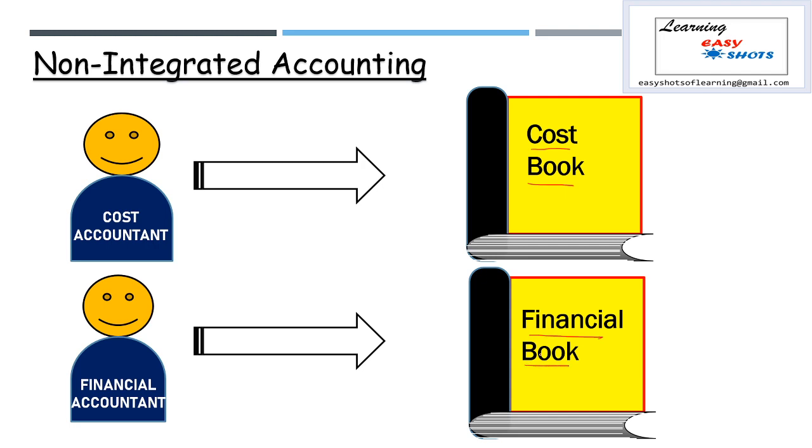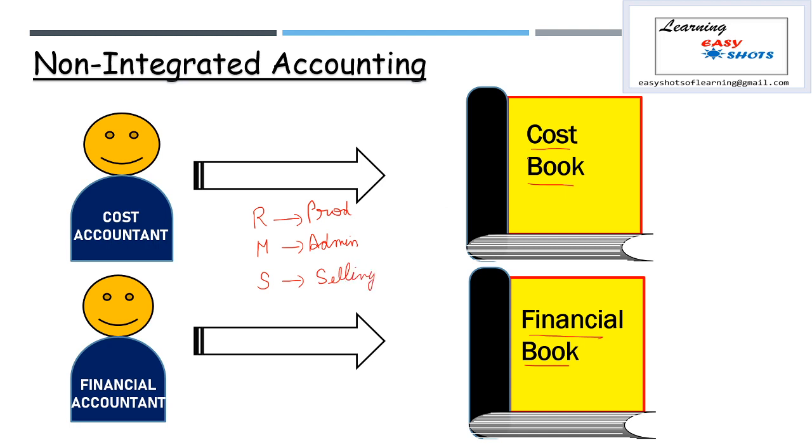So if the company is the same and the transactions are the same, then why is there a need to record the transactions in two different books? Suppose the company recruits three candidates, Ram, Mohan and Sham. Ram is recruited for the production department, Mohan for the admin department, and Sham for the selling department.